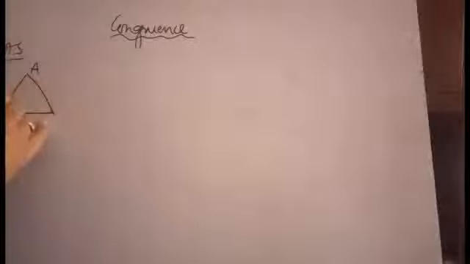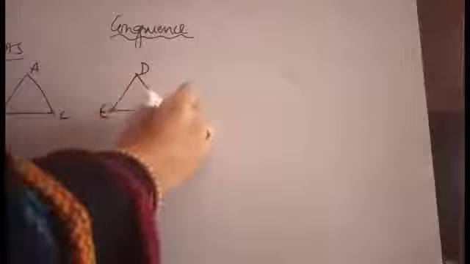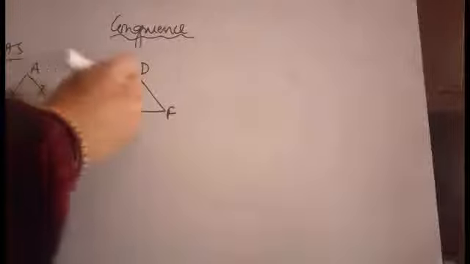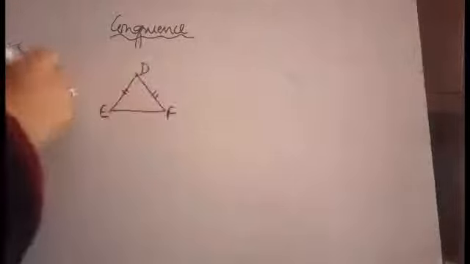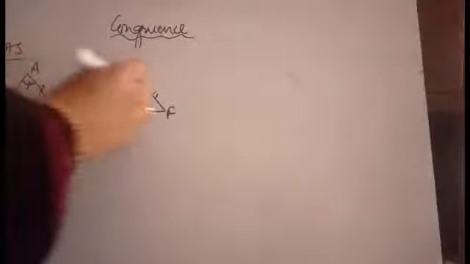Now after SSS we take SAS. What do we mean by SAS? If you have two triangles ABC and DEF, the two sides and the included angle, meaning the angle which is between these two sides, are equal to each other, then we say that the triangles are congruent to each other.